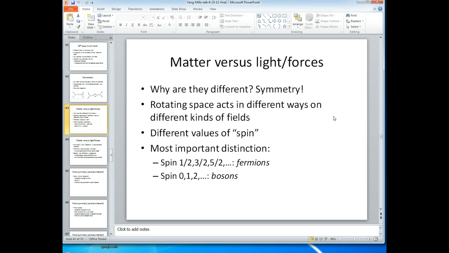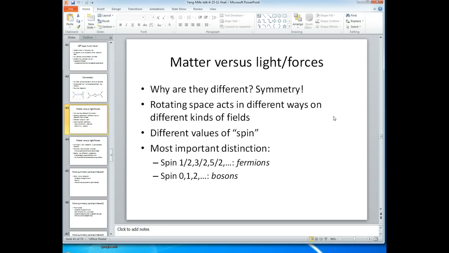It's kind of like the difference between a dot, which you look at from all directions and it'll look the same, or an arrow, which does look different. If you take the arrow and rotate it, it rotates in a particular way, where the tip and the tail of the arrow rotate opposite each other. A dot or an unmarked sphere, if you rotate it, you can't see any difference.